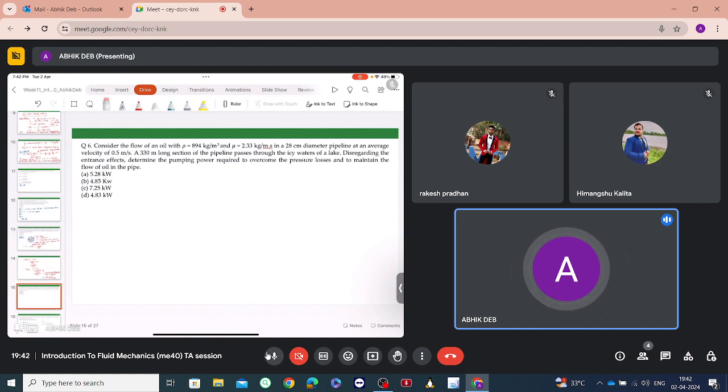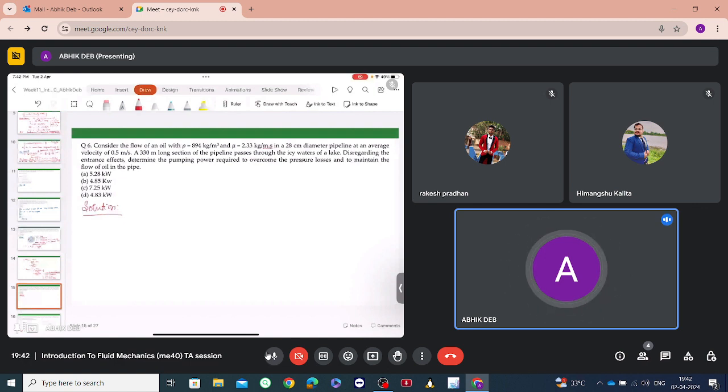For this we have to make a few assumptions before we reach this expression from the Navier-Stokes equation.